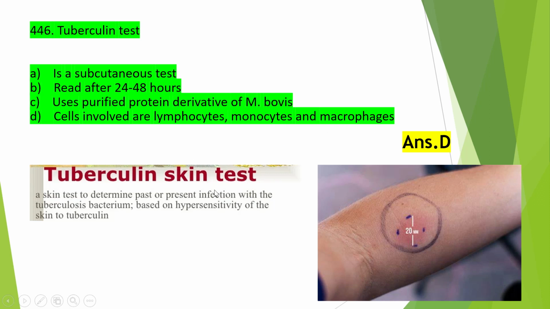So tuberculin skin test is a skin test to determine past or present infection with the tuberculosis bacterium, based on hypersensitivity of the skin to tuberculin. And here, after injecting the tuberculin into our hands, it produces a sensitivity test like this.